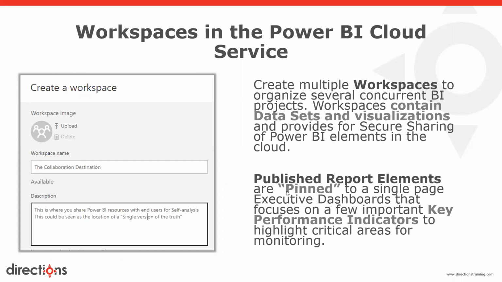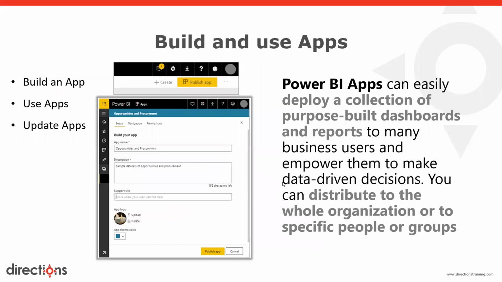I'm going to pin a report element, a visualization from a report to a dashboard. And once I do that, I can share that dashboard with individuals. I may want to be even more sophisticated, and this is a little far out for beginners, is I can deploy a collection of dashboards and reports by putting them into an app.